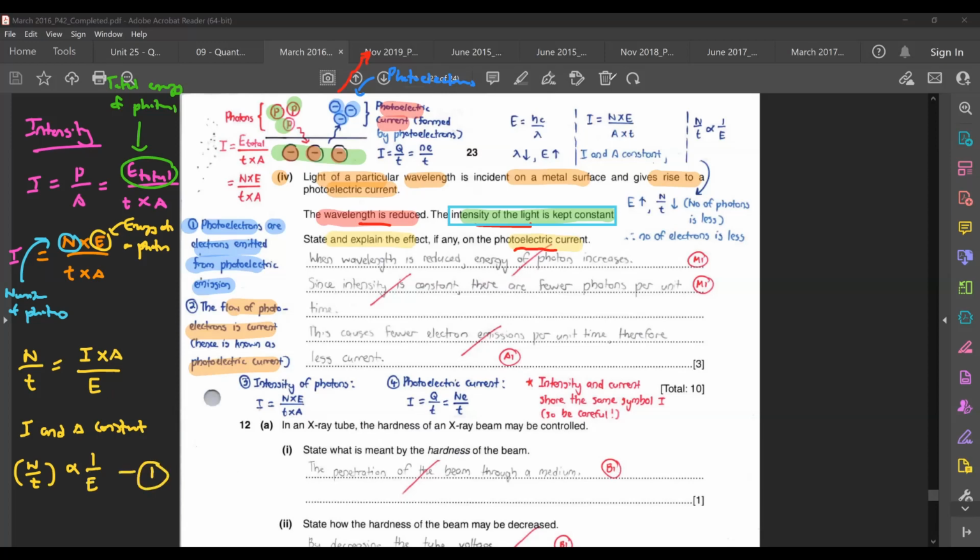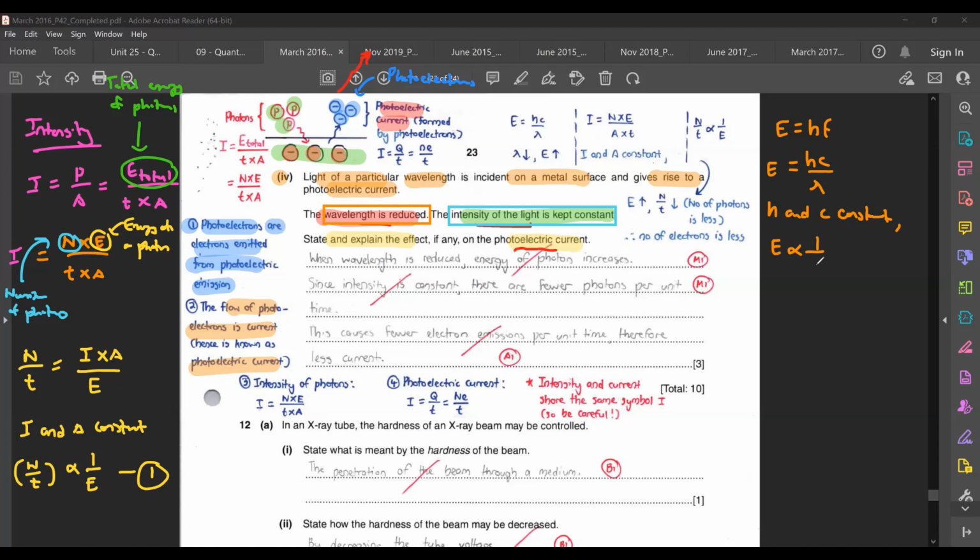Now, they did mention to you that the wavelength has been reduced. This will have an effect on your photon energy because photon energy is defined as either hf or hc over lambda. Now, h and c by themselves are constant.